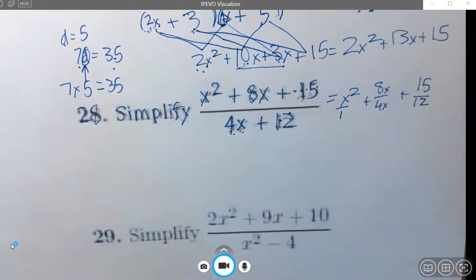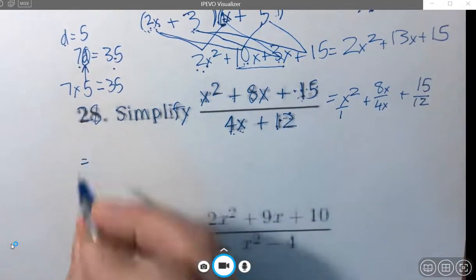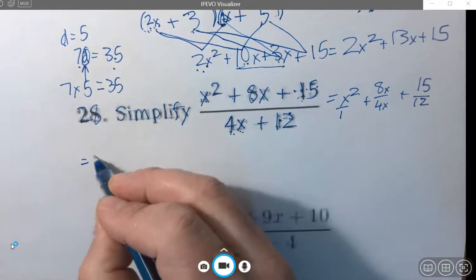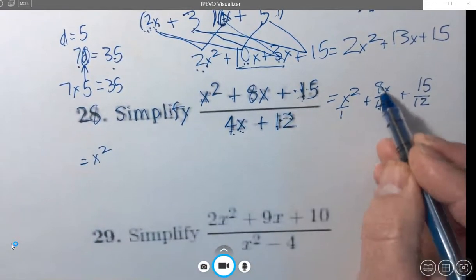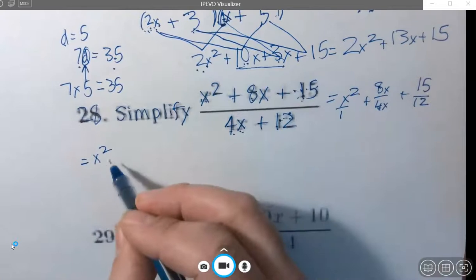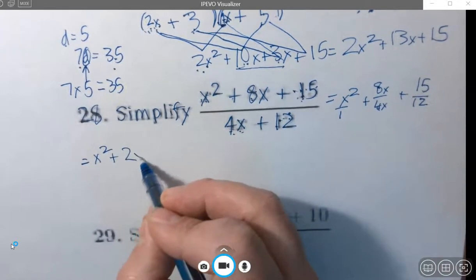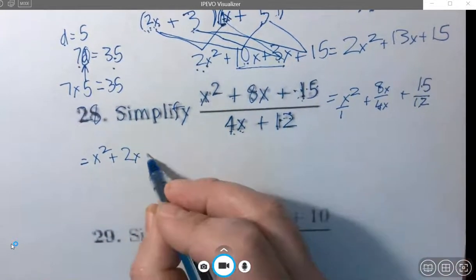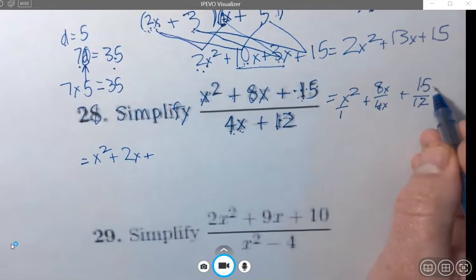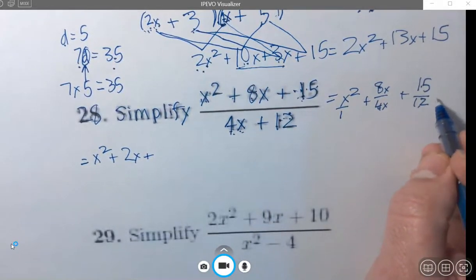Okay, now let's move down here. We're going to keep rewriting it until it makes sense. So I could say x squared, let's see, 8 divided by 4x. 8 divided by 4 is 2, so I can call that 2x. And 15 over 12, if I were to factor these out, 3 is a common denominator here.